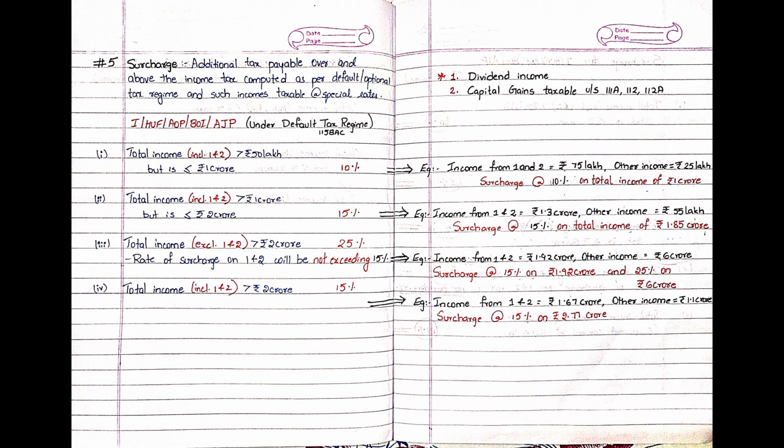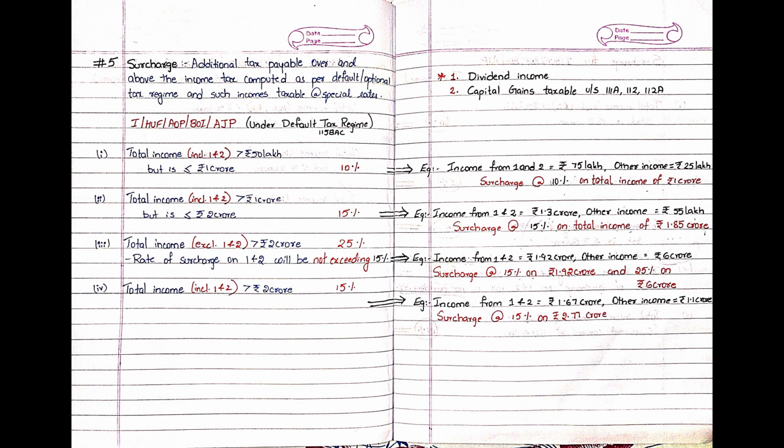For the total income including 1 and 2, if it exceeds rupees 50 lakh but is less than or equal to 1 crore, in such a case, the surcharge is at 10%. For total income including 1 and 2 exceeding rupees 1 crore but less than or equal to rupees 2 crores, the surcharge is 15%.